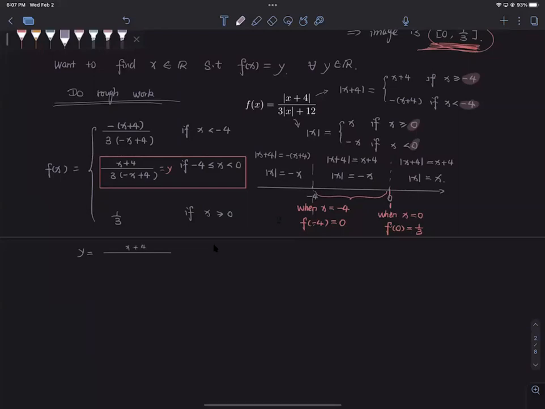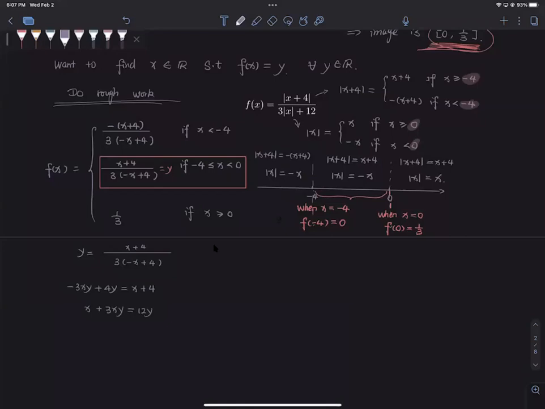Y is this. Now we can isolate for x. So -3xy plus 4y is x plus 4. So x plus 3xy equals to 12y.